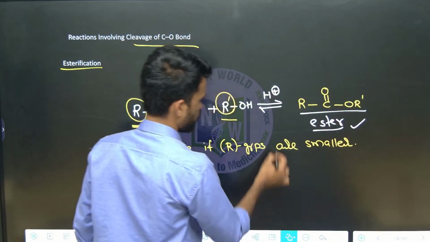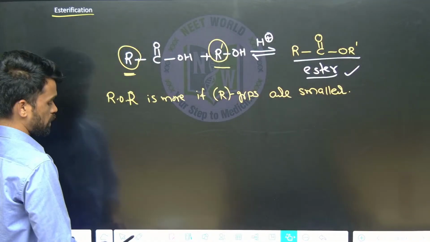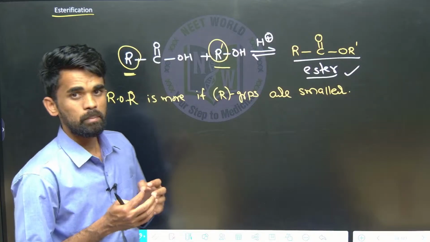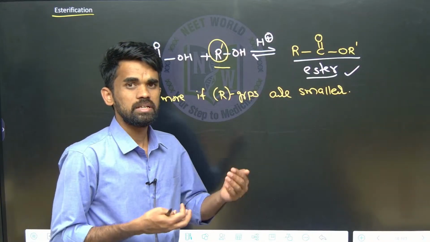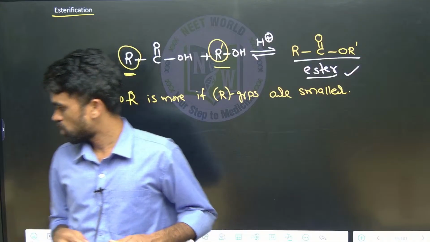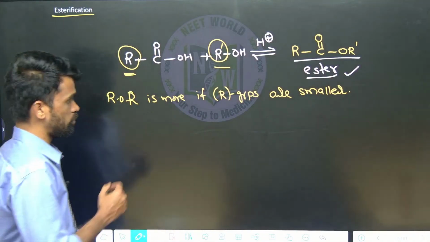It means either in the alcohol or in the carboxylic acid, if bulky groups are introduced, then the rate decreases. You can remember it in this way. Now let me add one example here.